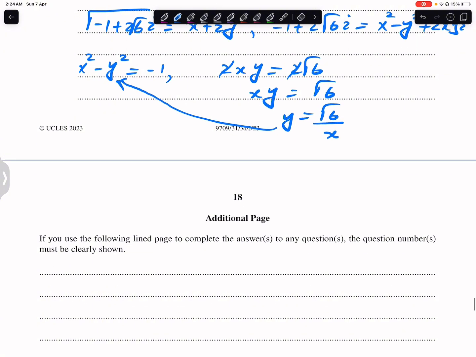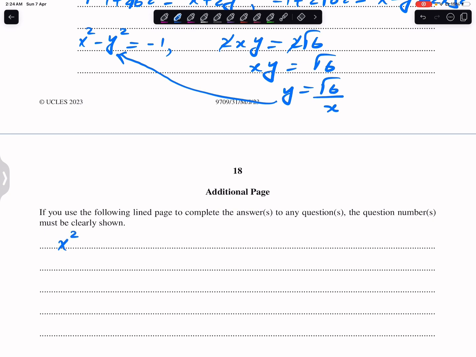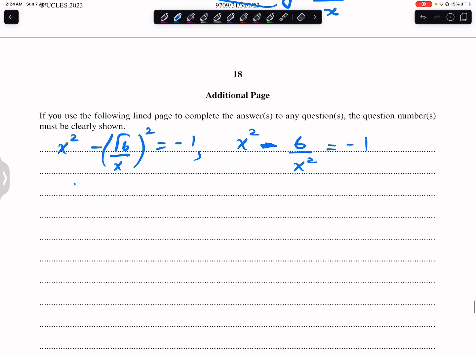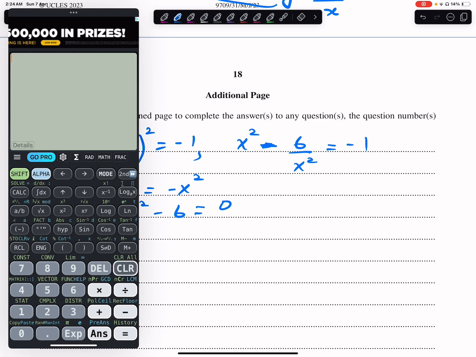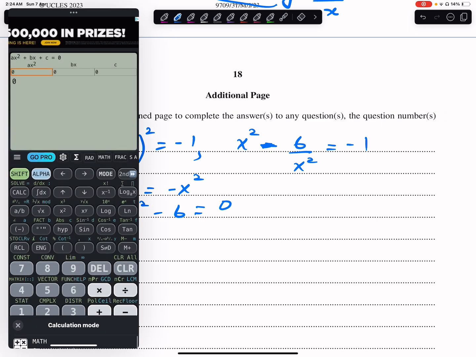So x² minus (√6 over x) whole square is equal to minus 1. So x² minus 6 over x² is equal to minus 1. So x⁴ minus 6 is equal to minus x². So x⁴ plus x² minus 6 equal to 0. Now put this in the quadratic formula.